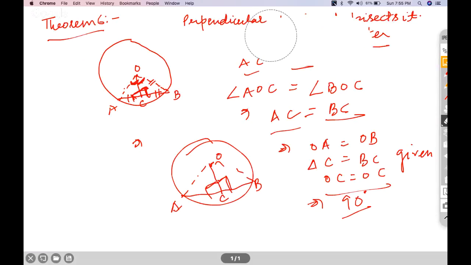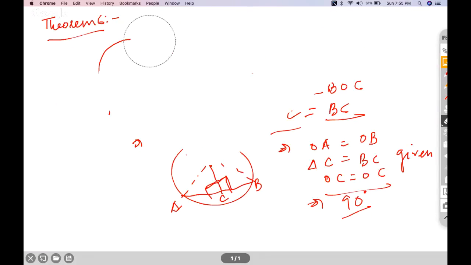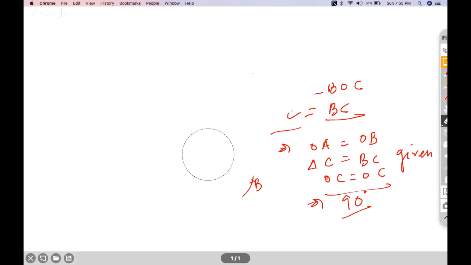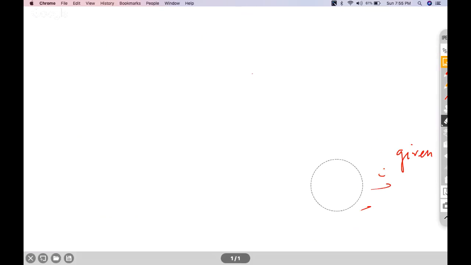Now, let me tell you, there is a corollary which needs to be proved, and this is very important.